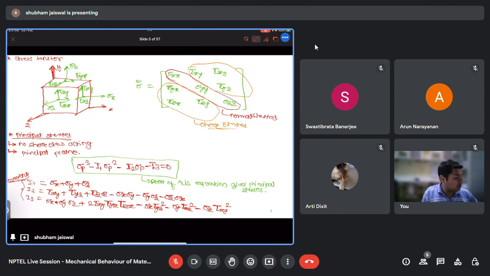Okay. So this is the invariant, that is I1, I2, and I3. So you should remember this equation. Okay, this is going to help you to solve a lot of problems.